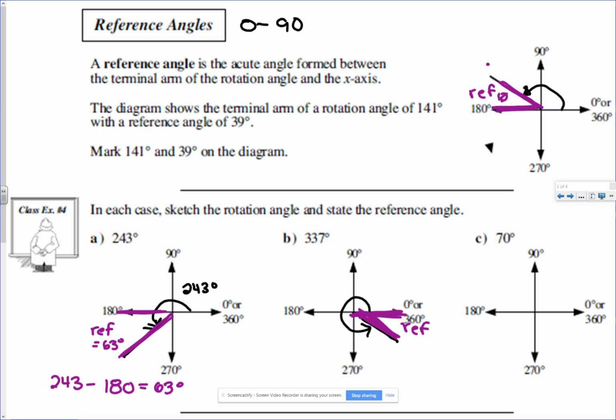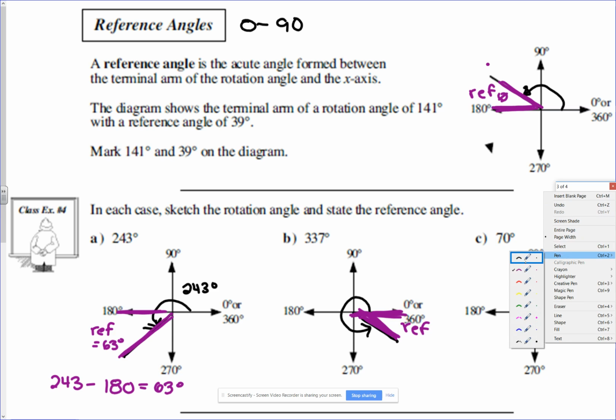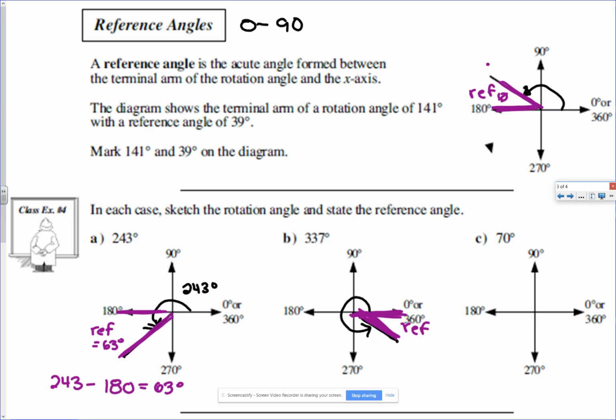So with this one, I know my reference angle is made up of my 360 and my arm, and I can figure out how much that is by taking my 360, which would be where it would go to next, and taking away what I have, which is 337 degrees, and that would leave me with a 23 degree angle to be my reference angle.